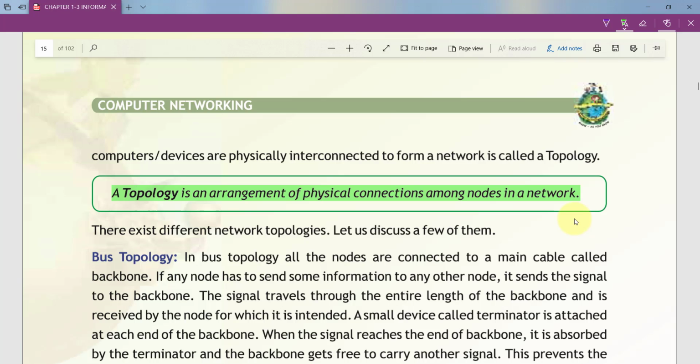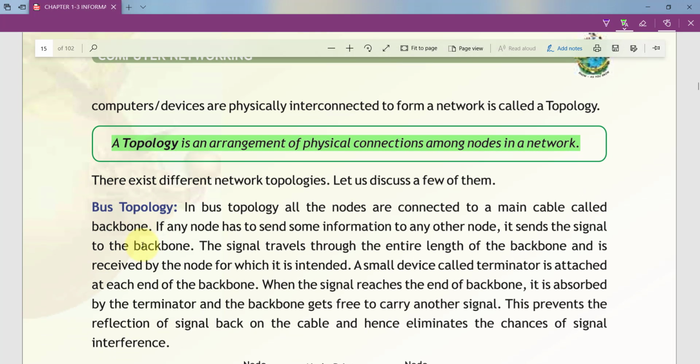We have different types of patterns and each pattern has its own advantages and disadvantages. According to our requirement, we can arrange our computers and finalize our pattern. So we have different types of topology.